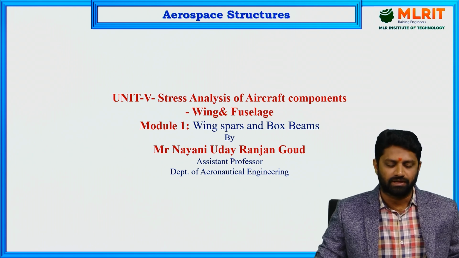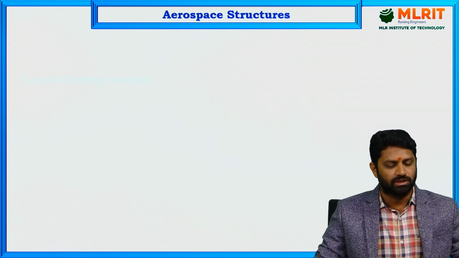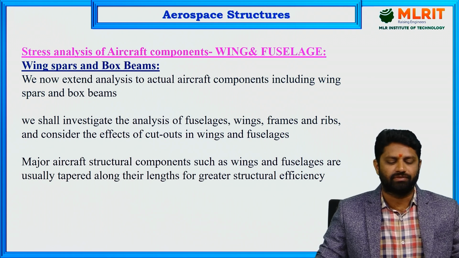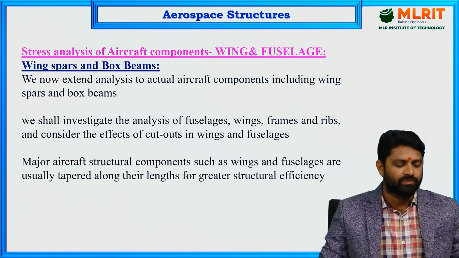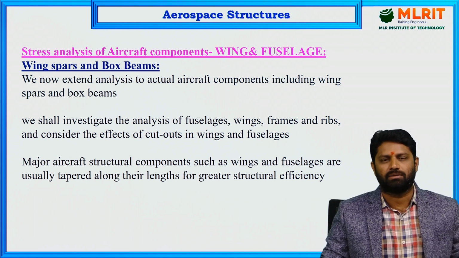And in this we are seeing the first module, that is the wing spars and box beams. So the learning outcomes in this module are, stress analysis of aircraft components, wing and fuselage. So wing spars and box beams. So spars, usually a normal commercial transport aircraft will have two spars, front spar as well as rear spar.